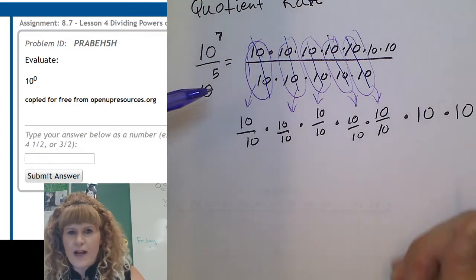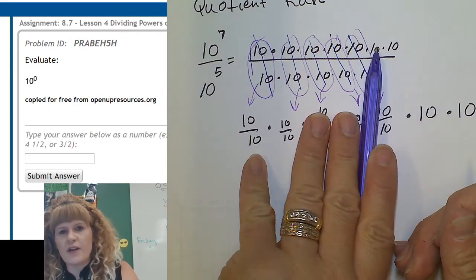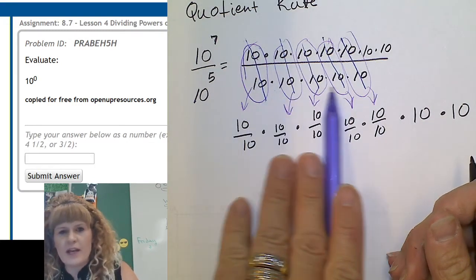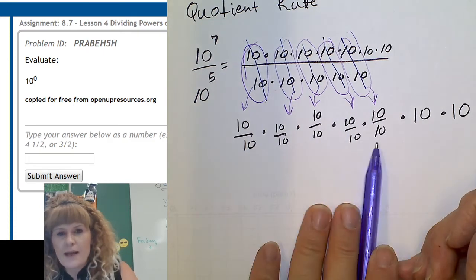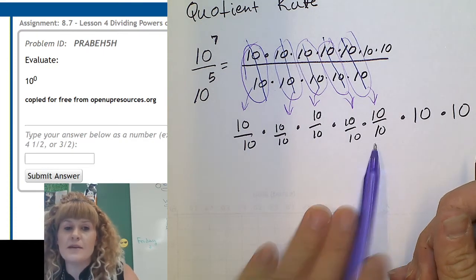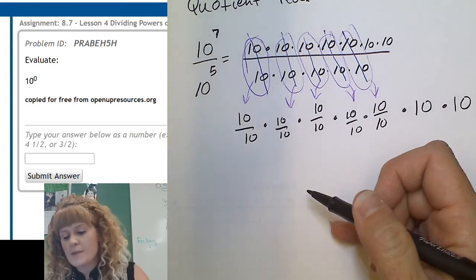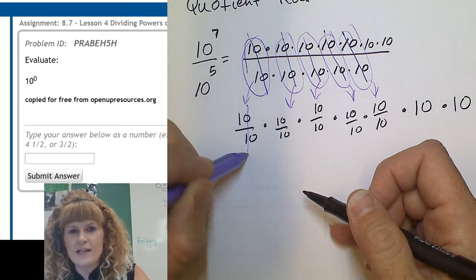So when you have a fraction that shows a lot of multiplication on the top and a lot of multiplication on the bottom, you could split it up like this and it is exactly the same. It's equivalent. So that's what I meant by 10 divided by 10 equals 1.